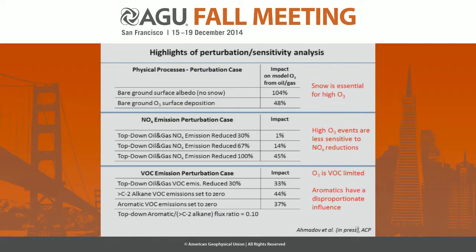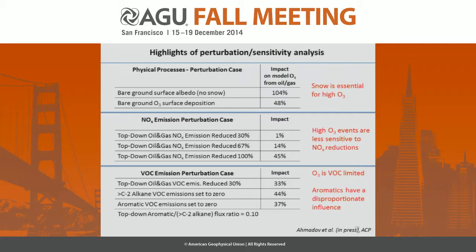Now, we did multiple sensitivity simulations where we zeroed out or eliminated different processes or different emissions to study the sensitivity, the contribution to ozone production in this area. And here I show the so-called impact factor. What does it mean?